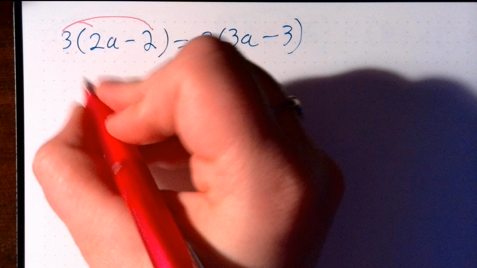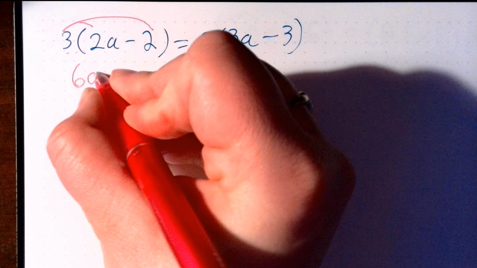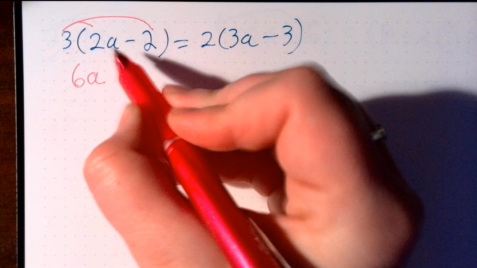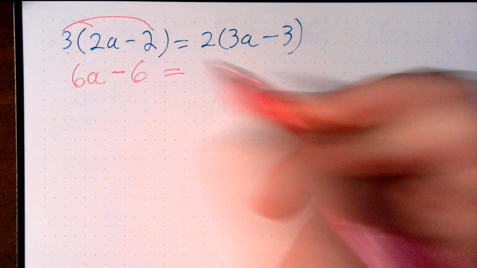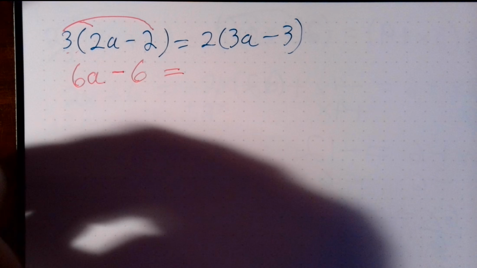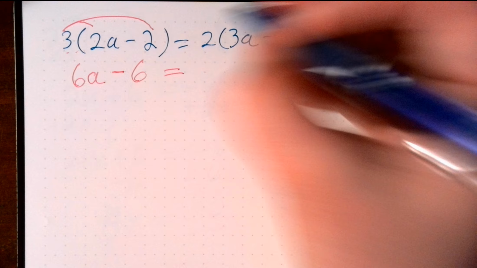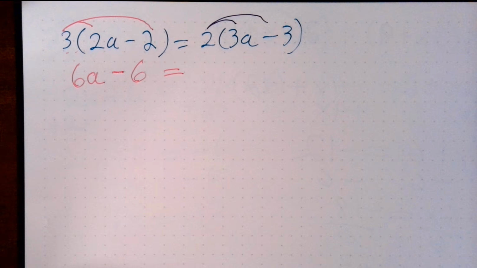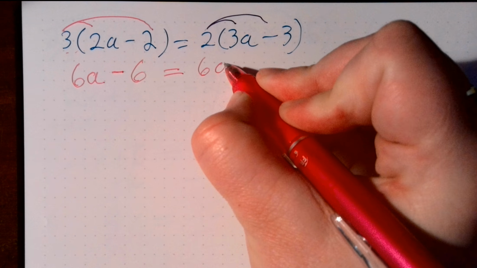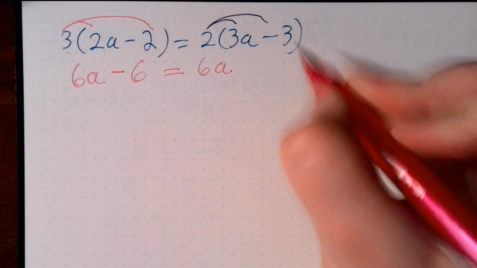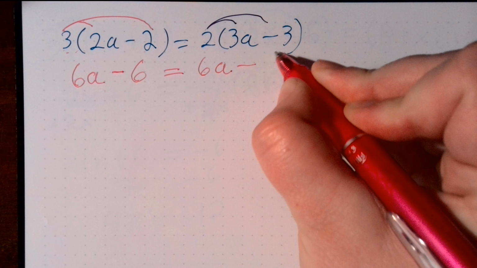So 3 times 2 is 6. Bring down the a with it. 3 times negative 2, negative 6, which is equal to, over here I'm also going to distribute. 2 times 3, which is 6a, and 2 times negative 3, which is negative 6.